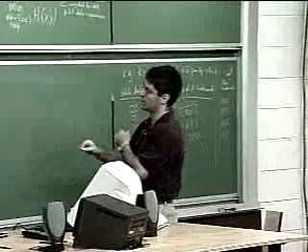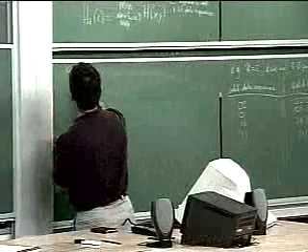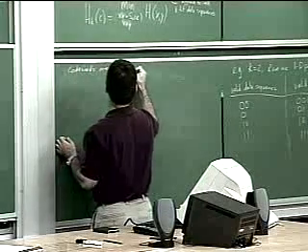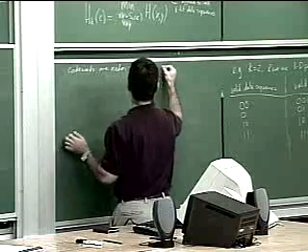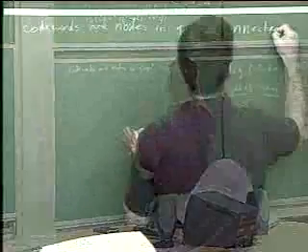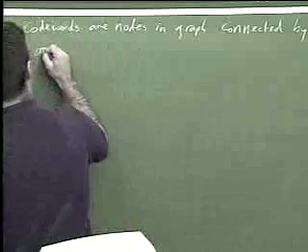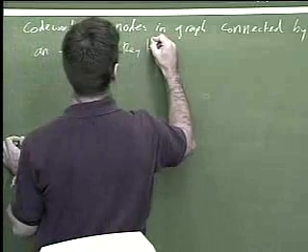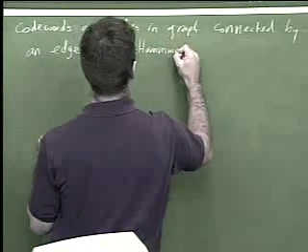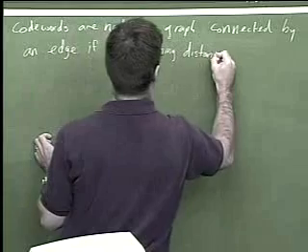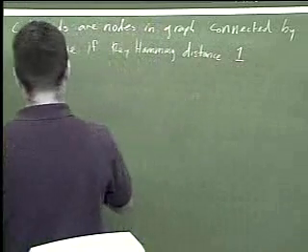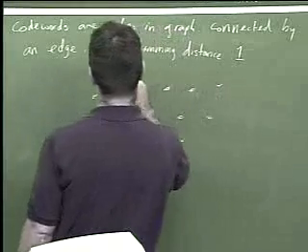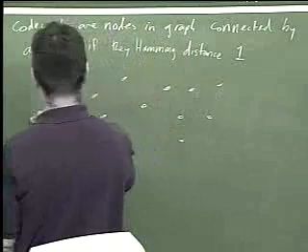So I'm going to draw. Let's look at the code words as nodes in a graph, connected by an edge if they have Hamming distance 1. I'm just going to have a bunch of code words, valid or invalid, all 2 to the n of them, where n is the number of bits in the code word.